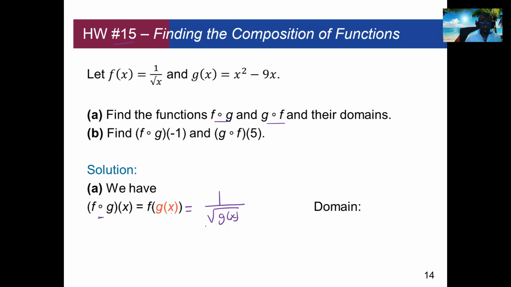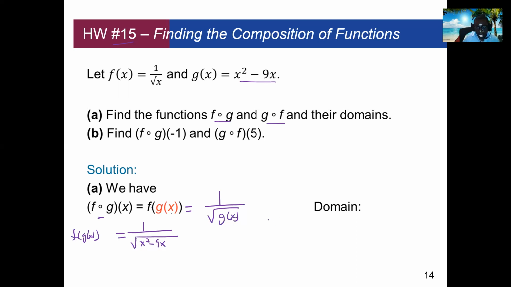G of x. And that gives us 1 over the square root of the g of x, which is that. So that'll be x squared minus 9x. Okay, now if I want to find the domain, this is your f of g of x. That's your composite function. Okay, now what's the domain?